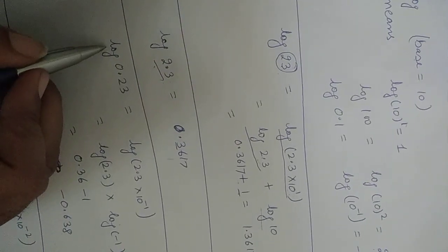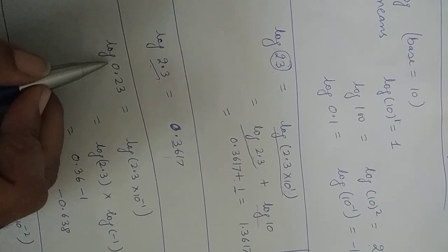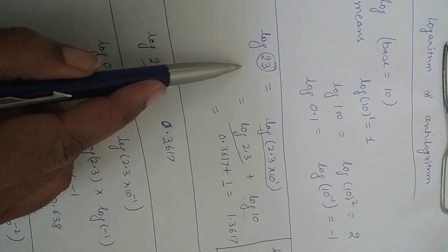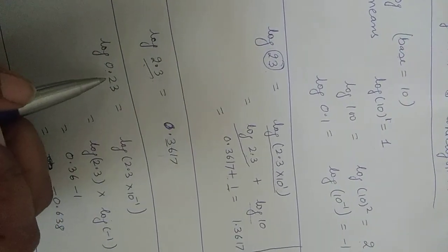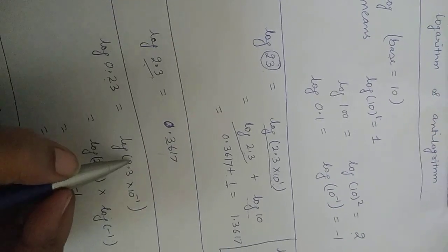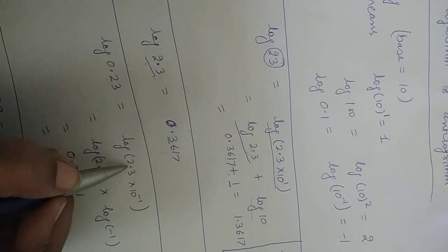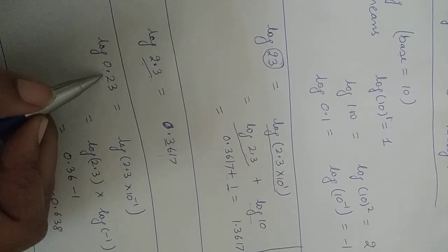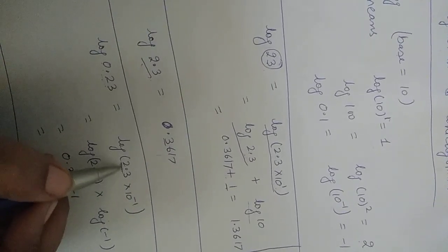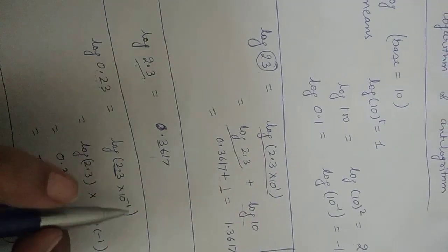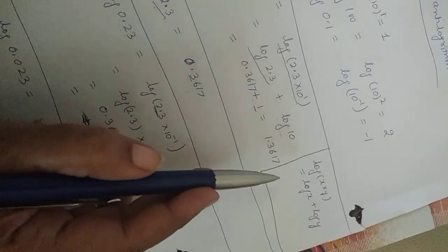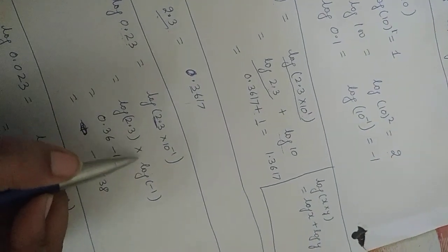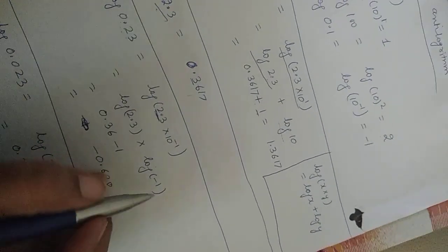One more. Let's say I have to calculate the value of log of 0.23. As I told you, convert it into scientific notation. It will be log of 2.3 multiplied by 10 raised to the power minus 1, because 0.23 has to be written in 2.3 form. When I expand it using the property of log, I get log of 2.3 plus log of 10 raised to the power minus 1.